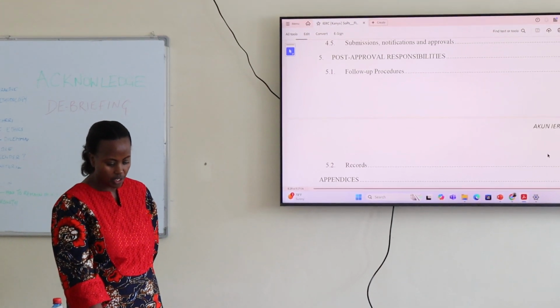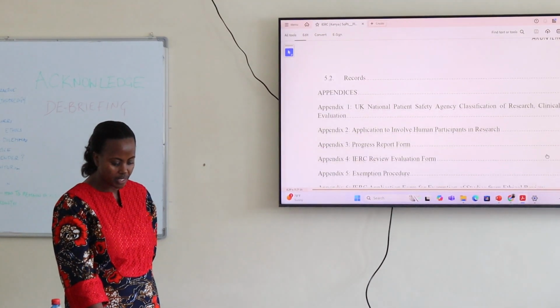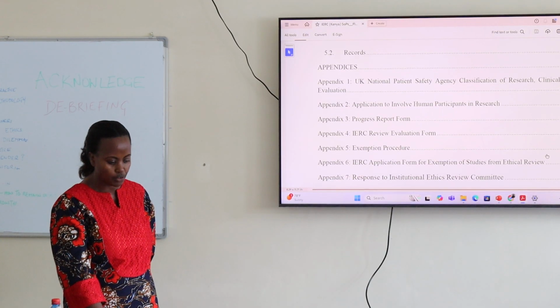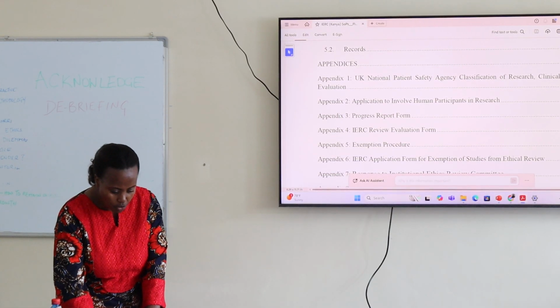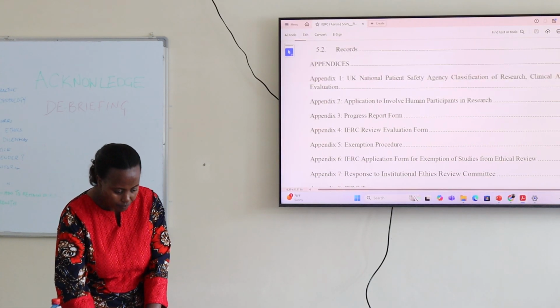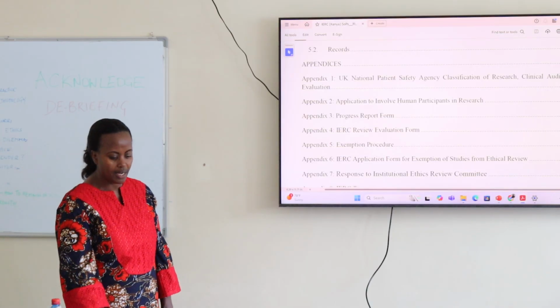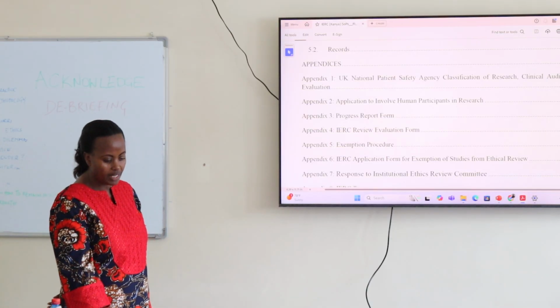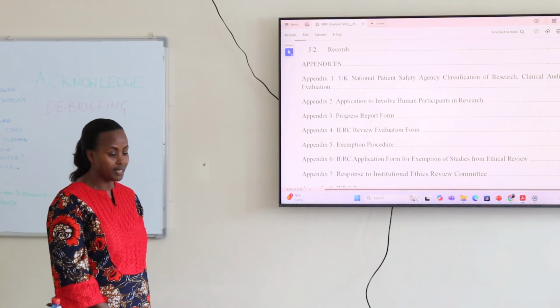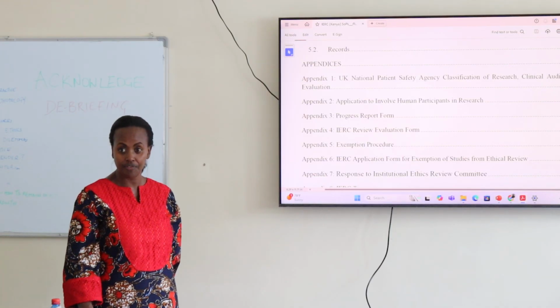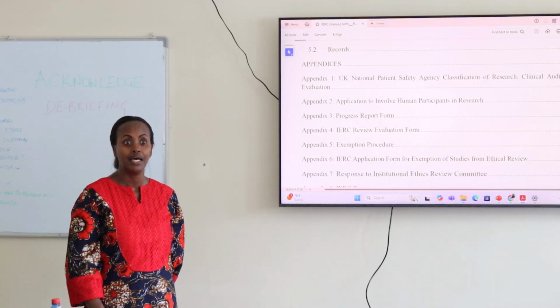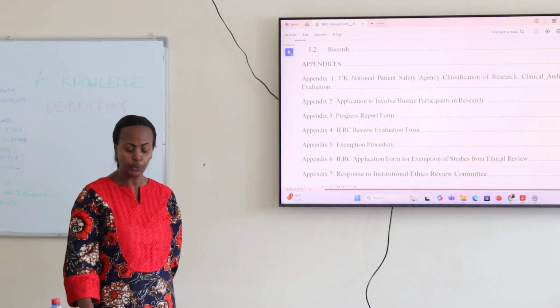Then the records to keep. And then another useful thing is the appendices. You can see some of the documents they've developed. They have a progress report. They have an evaluation form. If you want your work exempted, they have a flow, a pathway for someone who thinks their project does not require full review.